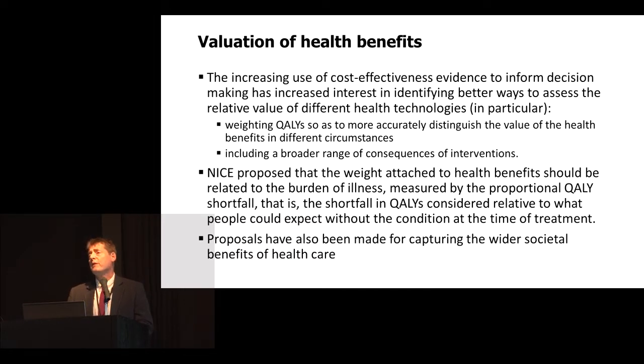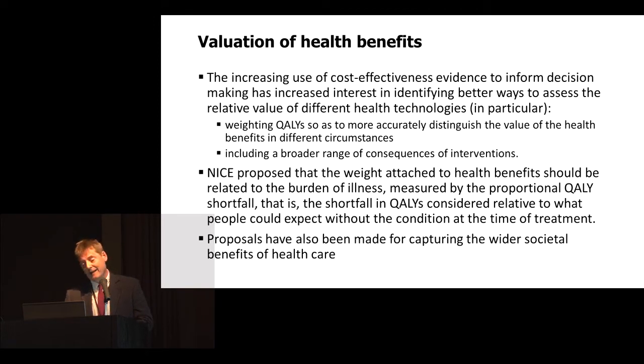So for individuals with a more severe condition, you might value the QALYs that they gain more highly than those of other individuals. The other strand to this literature is to try and broaden our measure of benefit to include a wider range of consequences. An example of this might be trying harder to capture the impact on carers and family members.